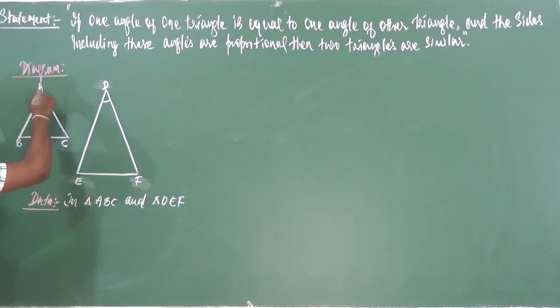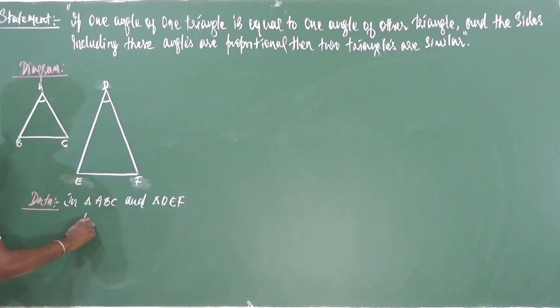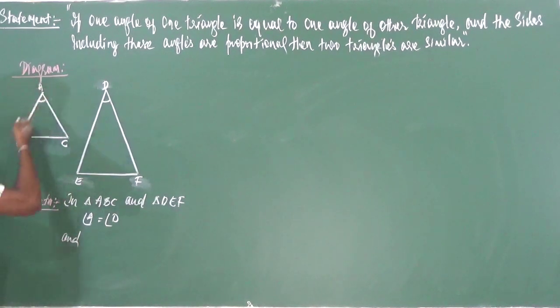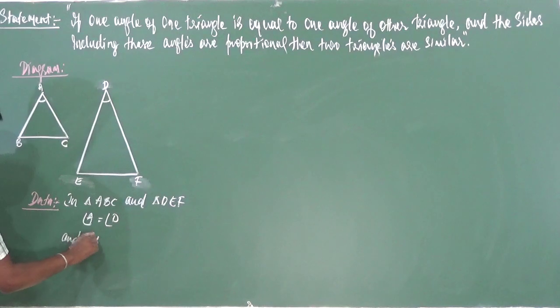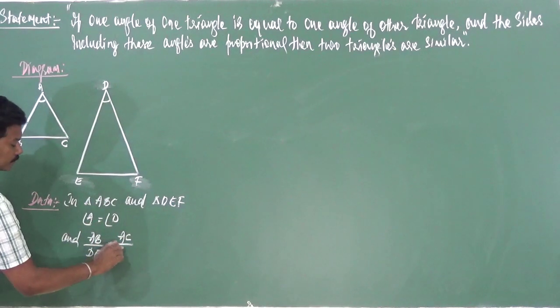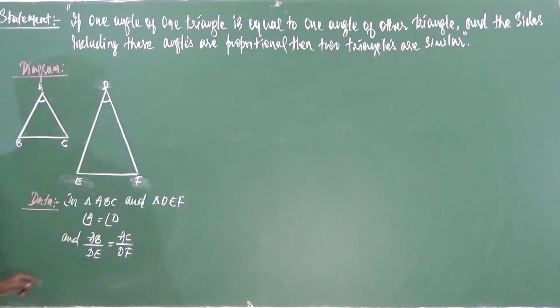If you take ACB, you have to take it as DFE. So you have to maintain that discipline. So in triangle ABC and triangle DEF, angle A is equal to angle D, and along with this, AB by DE is equal to AC by DF. This is the given data.